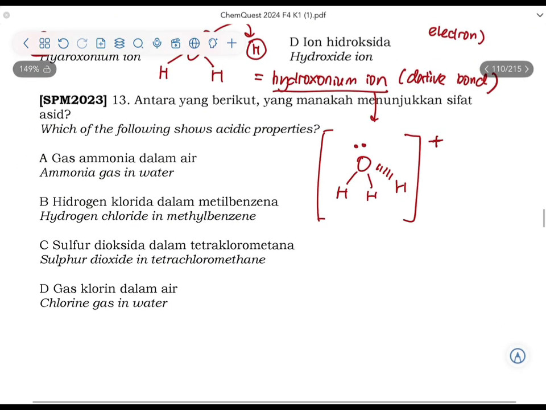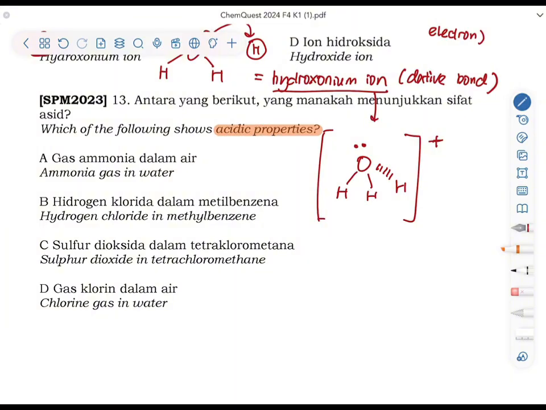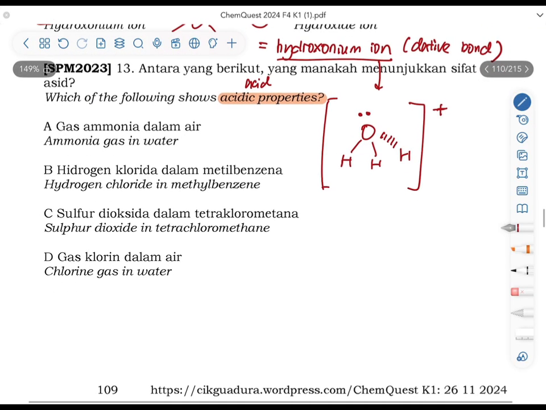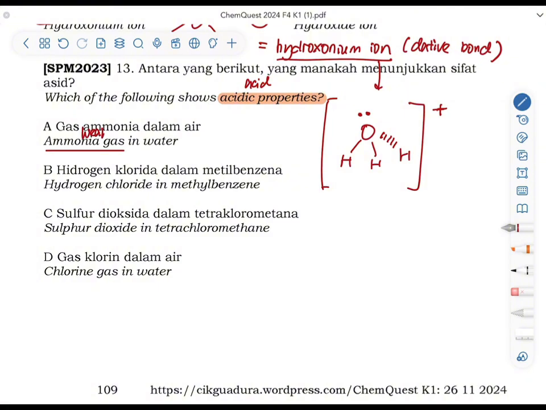Okay, next question. Which of the following shows the acidic properties? If we want to find the substance that has the acidic properties, it must be an acid. So let's look at the options one by one. A, ammonia gas in water. For information, ammonia gas is a weak alkali, so it is not an acid. And then B, hydrogen chloride in methylbenzene.